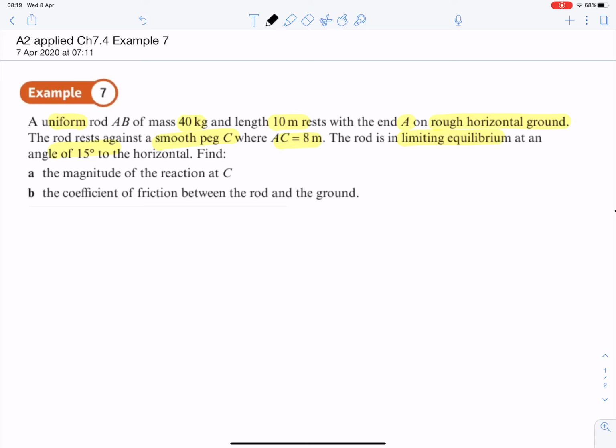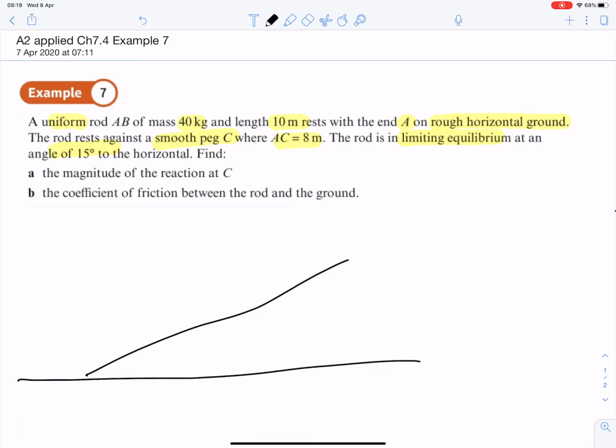So we've got a rod of length 10 metres resting on rough horizontal ground at the point A. So that is 15 degrees. We know it's a uniform rod, so its weight is going to act at its centre. Its mass is 40 kilograms, so we've got 40 G acting downwards there.